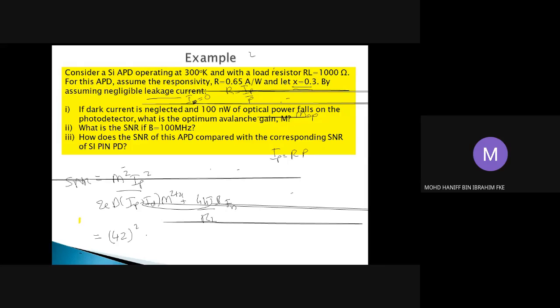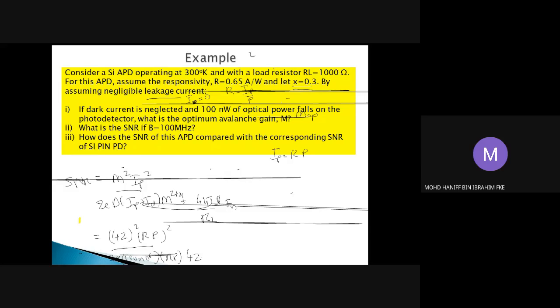So we have RP squared divided by 2EB, where E is the charge amount and B is the bandwidth, given as 100 megahertz. So we have 100 times 10 to the power of 6. We only have IP here, we don't have ID because ID is 0. So we have RP as the substitution for IP there.